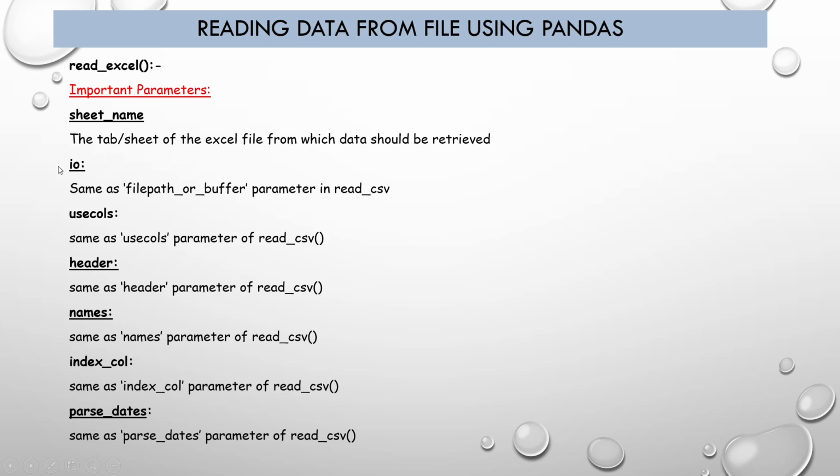Here the same parameter has a different name called io, but they do the same thing. In this io parameter, you have to pass the complete path of the file from which you are trying to import your data, or you can also specify the URL in which that particular file exists if you want to access the file through internet, right?